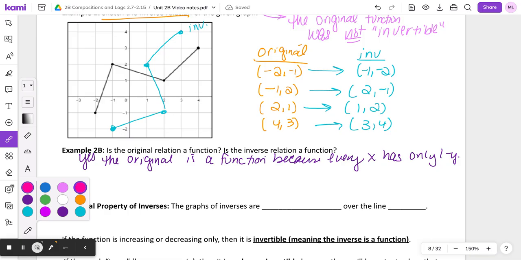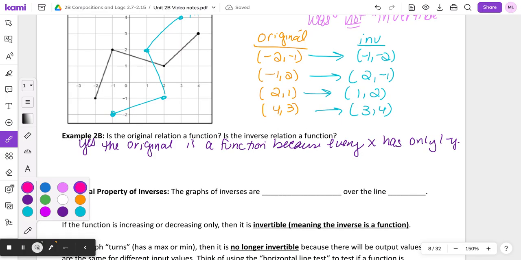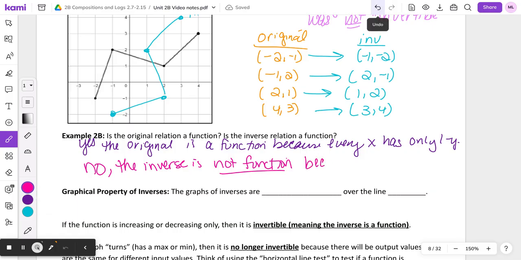All right, let's talk about the inverse. Is the inverse a function? That would be a no. The inverse is not a function because that's really messy. If you have a graph, remember you can check by doing the vertical line test. You can't use that as your reason now.